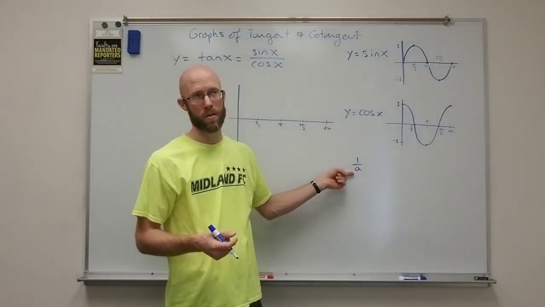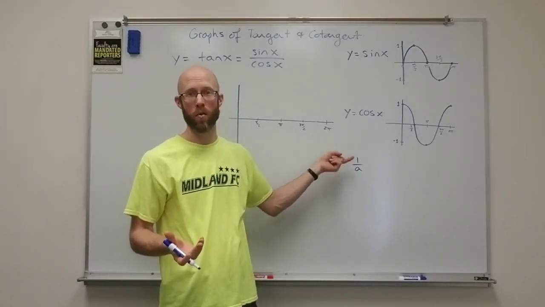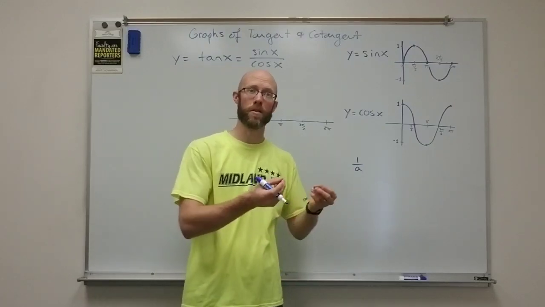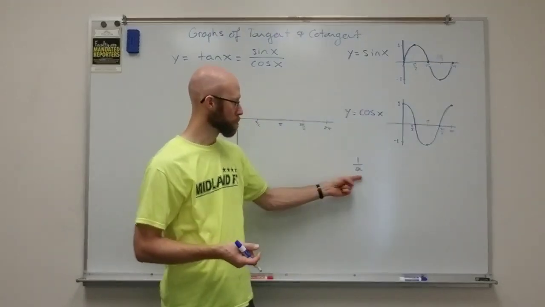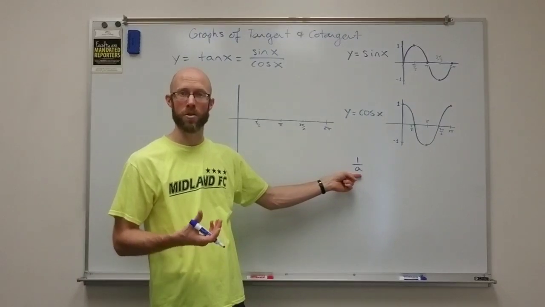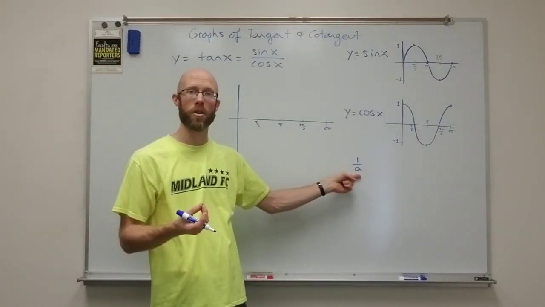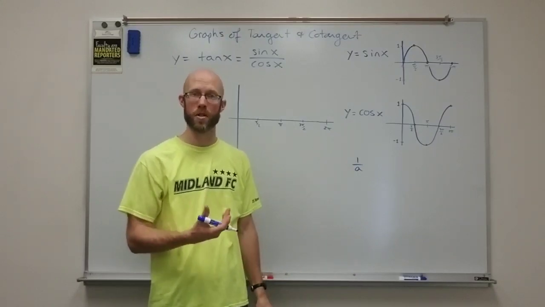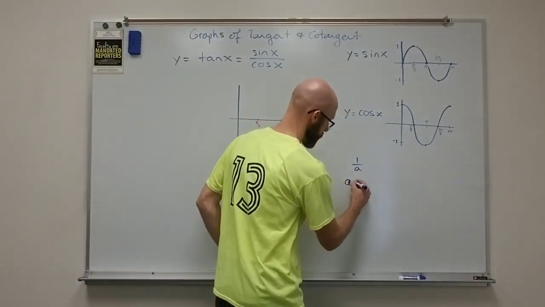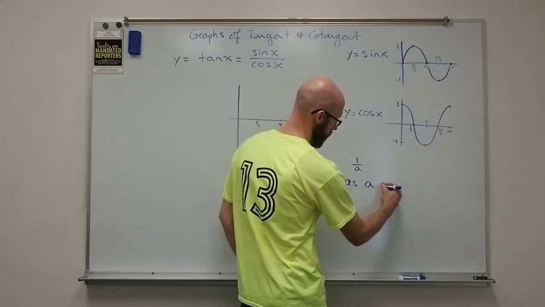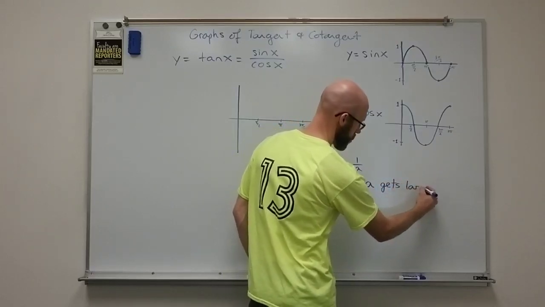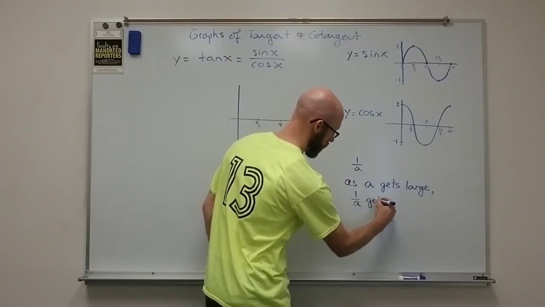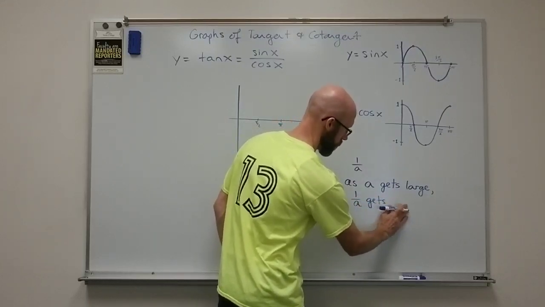If you were to divide by 1,000, you get 1/1000th, which is a very small number compared to 1/2 and 1/10. And so the bigger the denominator is, the smaller the overall fraction is going to be, or the closer to 0. So as a gets large, 1 over a gets closer to 0.